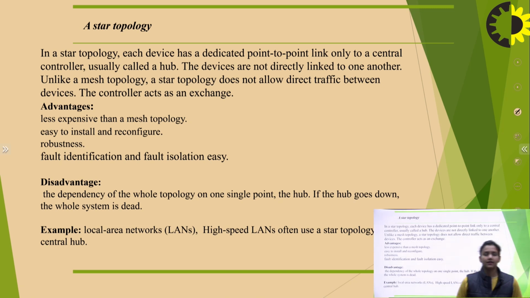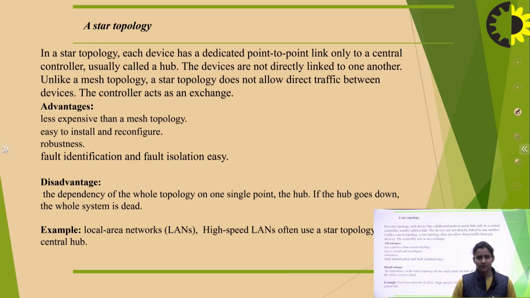In this, the advantage is that the devices are not directly linked to each other, so there will be no confusion about which device is getting data from which device. We know the data is coming from a particular hub, so we know the source and destination.